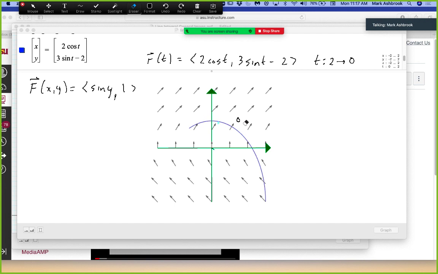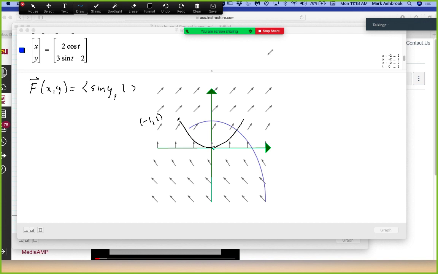All right, now I want to do the path along the parabola, starting at negative 1, 1, and then it's going to go through here, and then end at what? 2, 4, way up here.